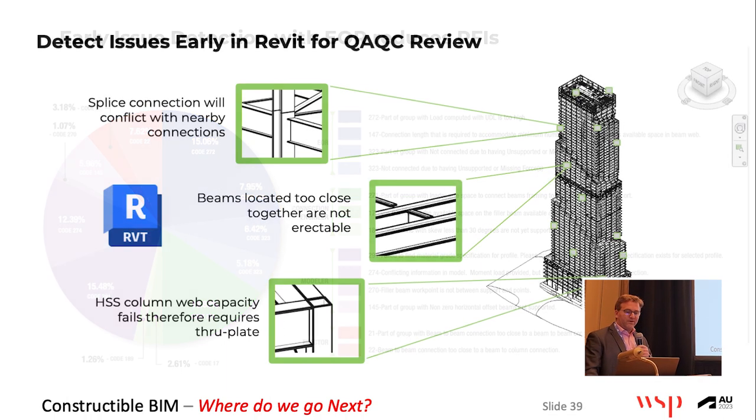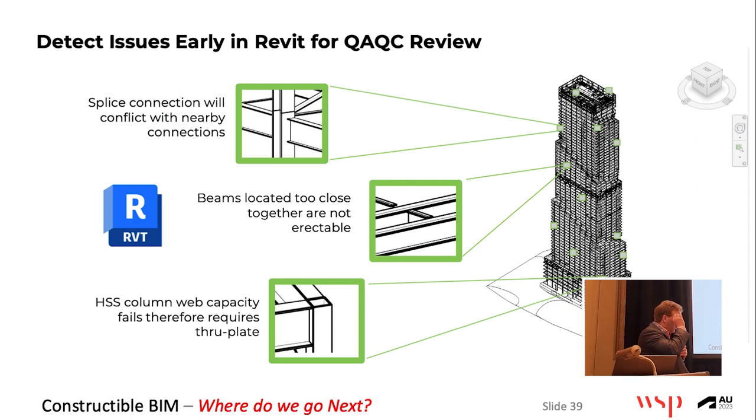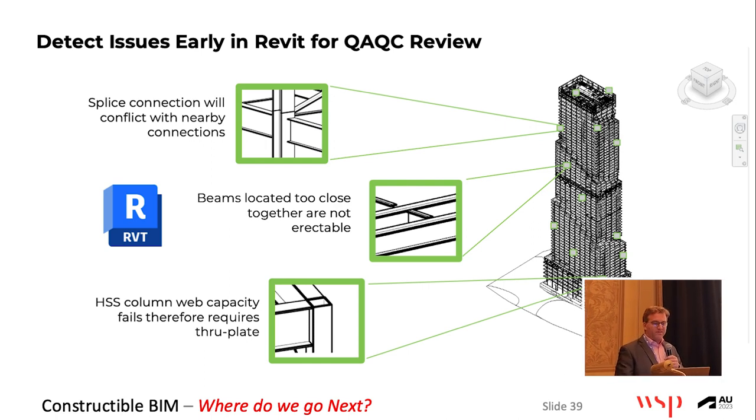And so what we're doing at Connect is releasing a beta, announcing here at AU, a QA/QC review within Revit. This is an ability for engineers to detect issues in their steel framing that identifies potential constructability issues in the Revit model.